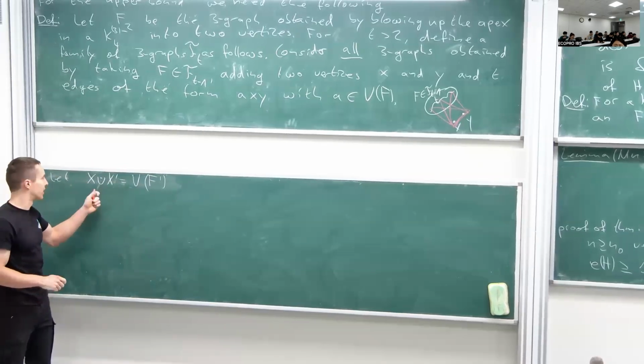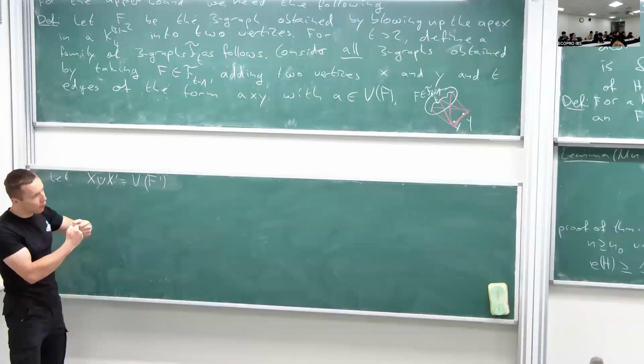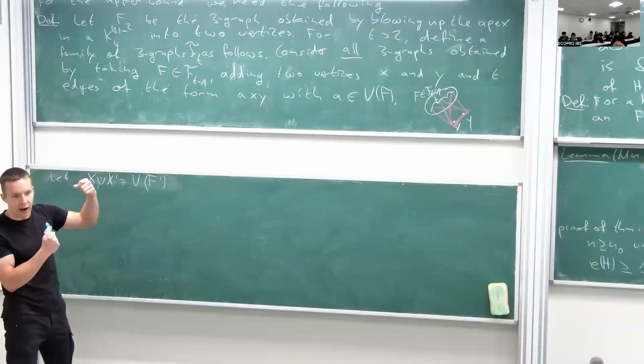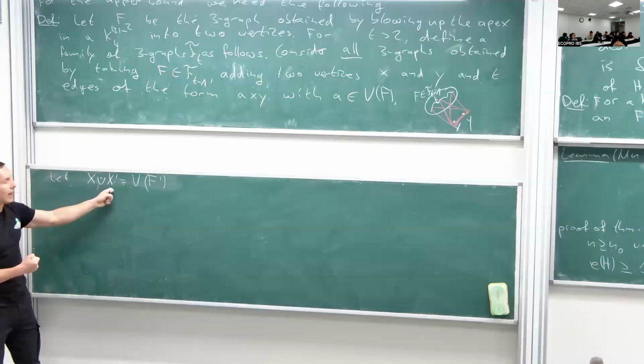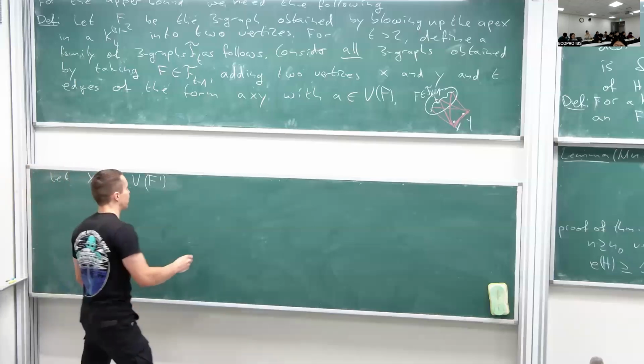In other words, for this 2 blow up that we have, for every vertex we now have 2 copies, and we want to put one of the copies into X and one of the copies into X prime.